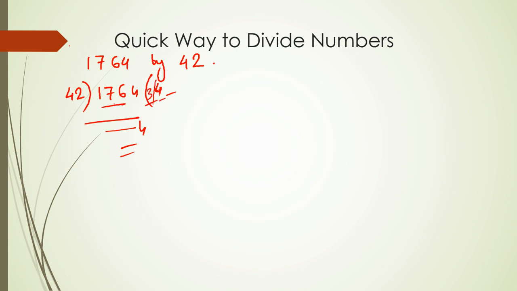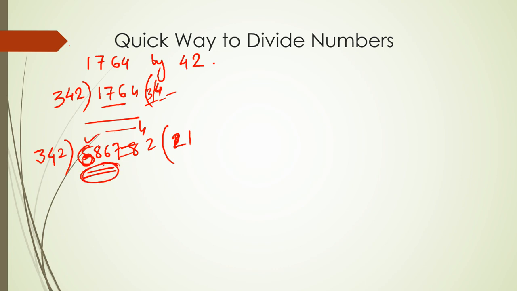There are problems when we have 3 digit numbers, let's say you have to divide by 342, or let's say 586, 782, or 686. There are times when you're not sure whether to put 2 or 1. You have to do some kind of multiplication to decide whether the number you get here is less than this number or not.